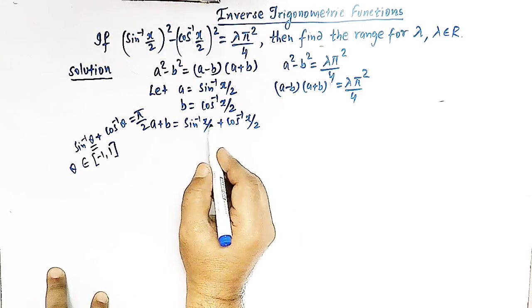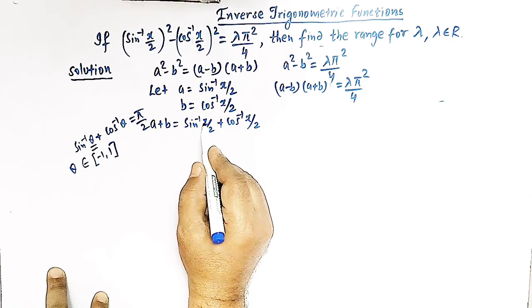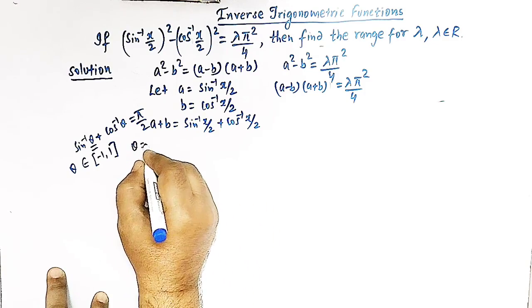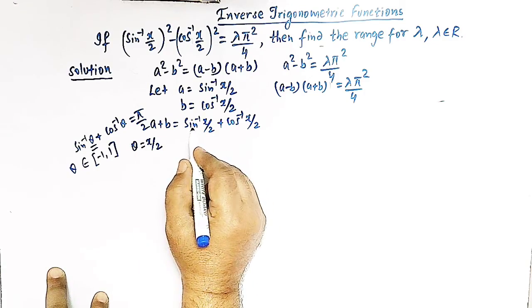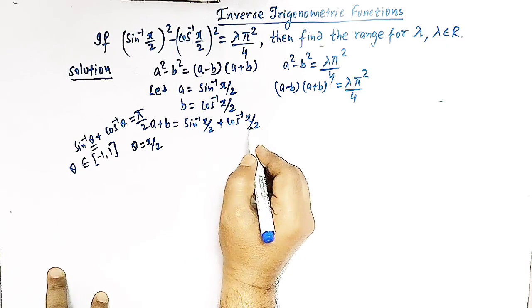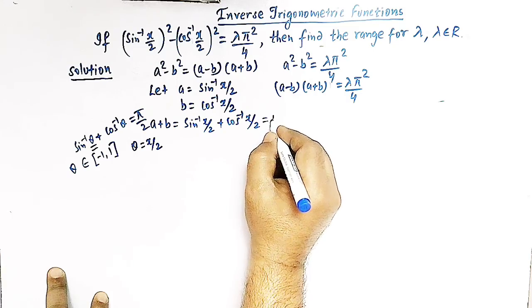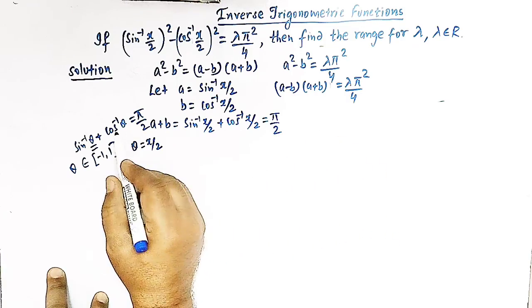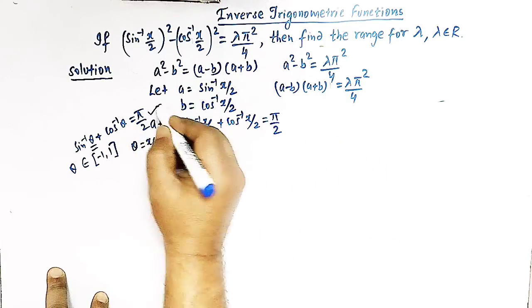So the value of theta in this case is x over 2, right? So the expression sine inverse x over 2 plus cos inverse x over 2 is equal to pi over 2 due to this property.